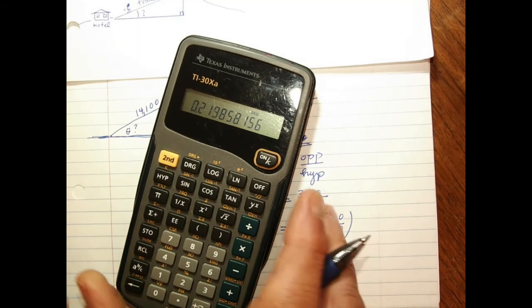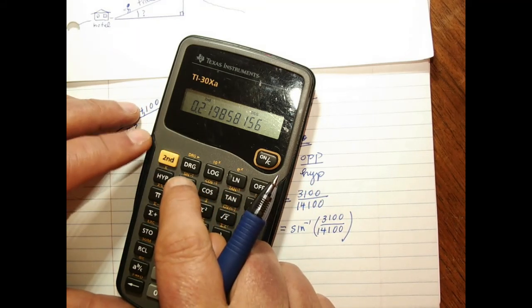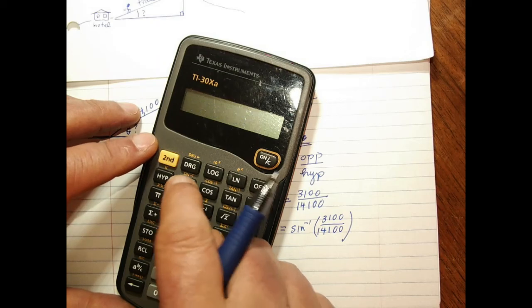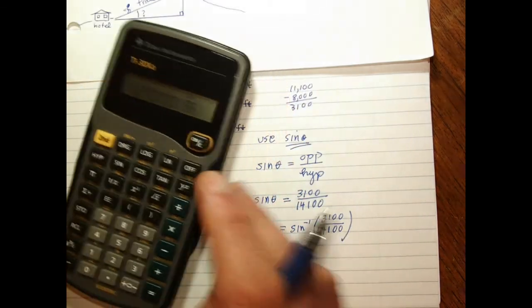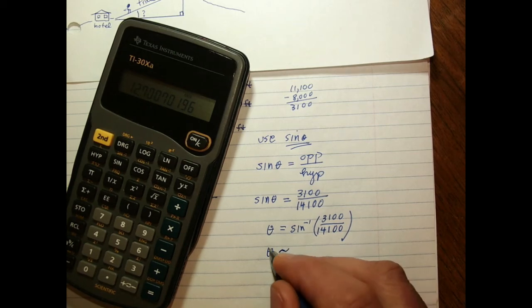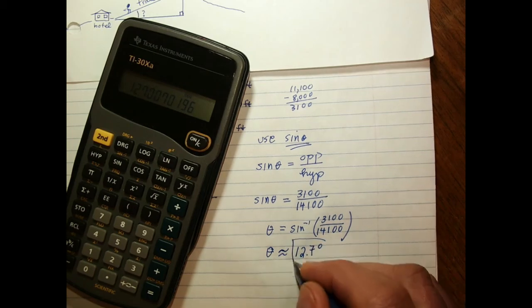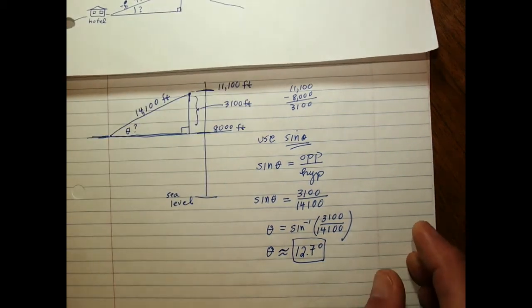Okay, so some decimal I have there. Now I'm going to do inverse sine. So here I have to hit my shift sine button, and I get theta is approximately 12.7 degrees.